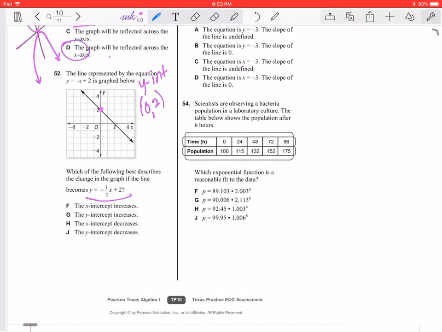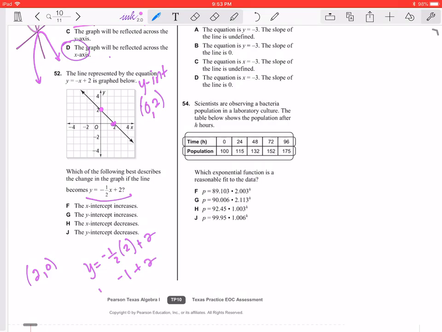Okay, now let's talk about our x-intercept. Our x-intercept here is going to be 2, 0. So now let's put in 2 for our point. So that's going to be y is equal to negative 1/2 times 2 plus 2. This is going to become negative 1 plus 2.